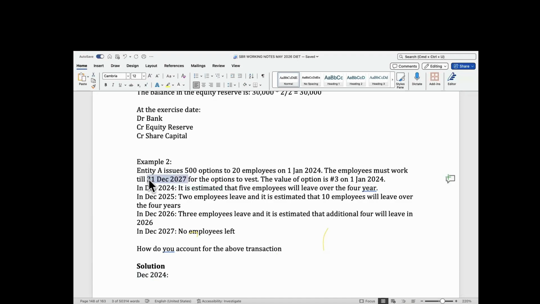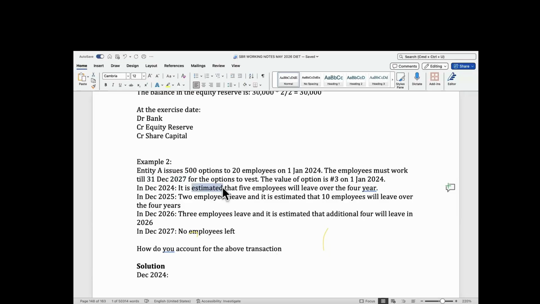I need to have an idea today. So the only way I can do that is to estimate. So the examiner will give you the estimation of what will happen at the end, or over the period.